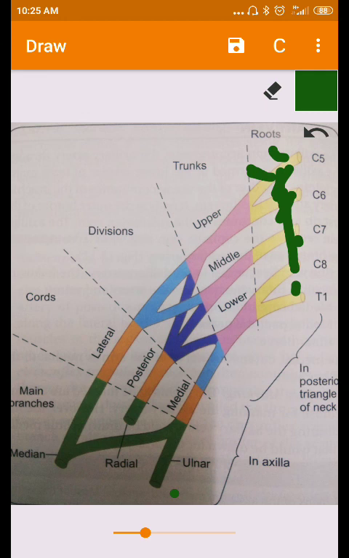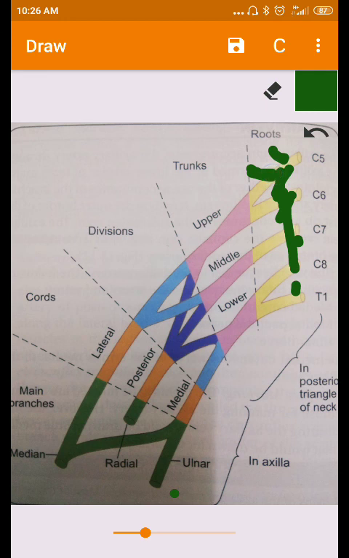These are the roots giving branches which supply specific muscles. C5 gives two nerves: the nerve to rhomboids, that is the dorsal scapular nerve, and the phrenic nerve, which supplies the diaphragm muscle.